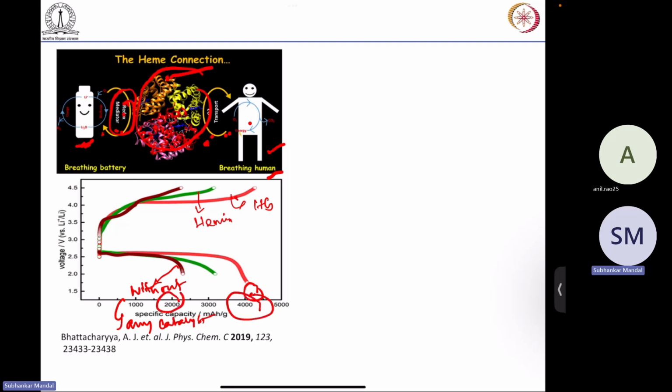Earlier it was 2,000, but now it is 4,000, two times higher. This is one of the interesting examples of what happens in our body also happening inside the air battery.